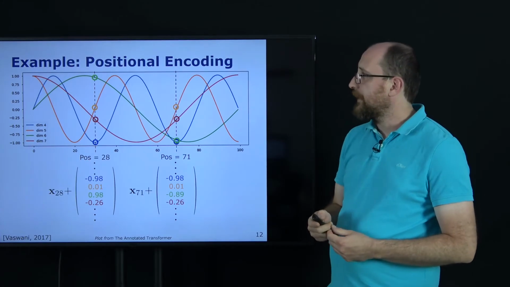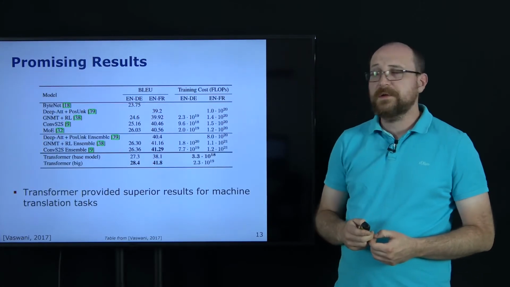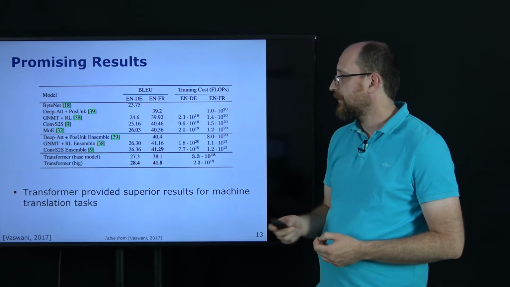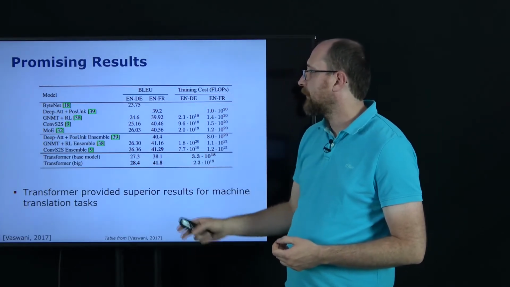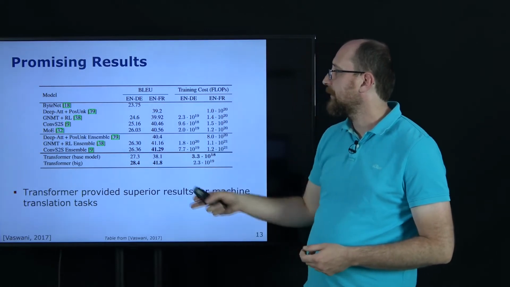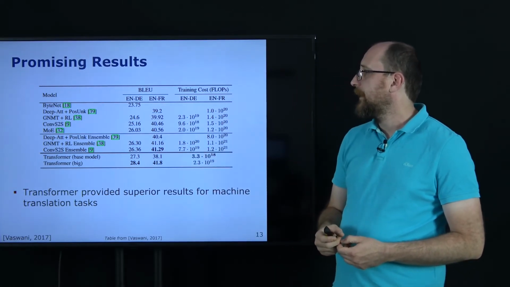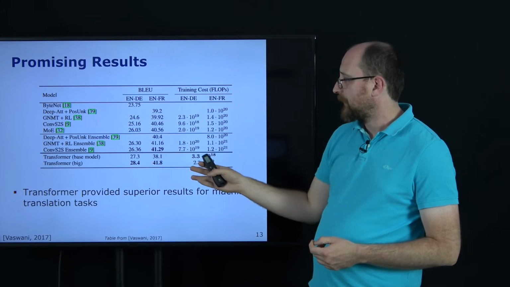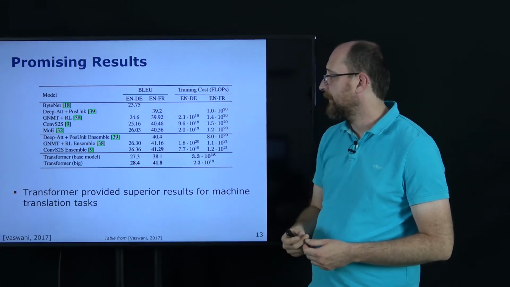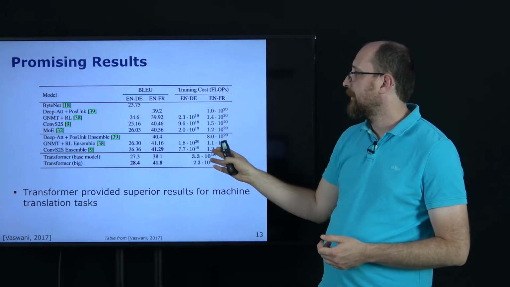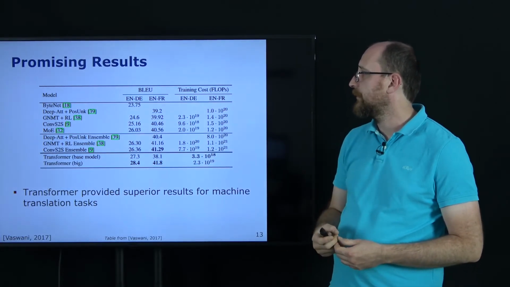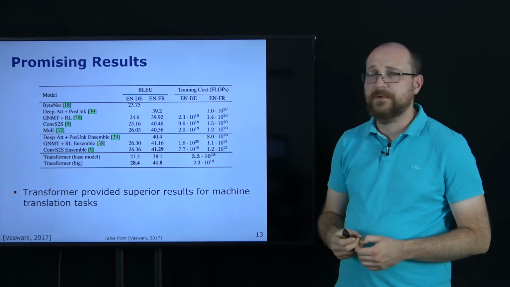When we now look at results that were achieved at the time, we see that the transformer got very good results on the translation from English to German, but also from English to French. These were very promising, especially when you compare them in terms of the training costs used for producing these results.